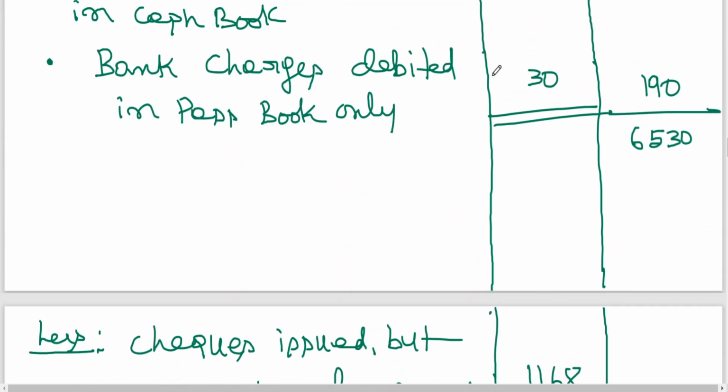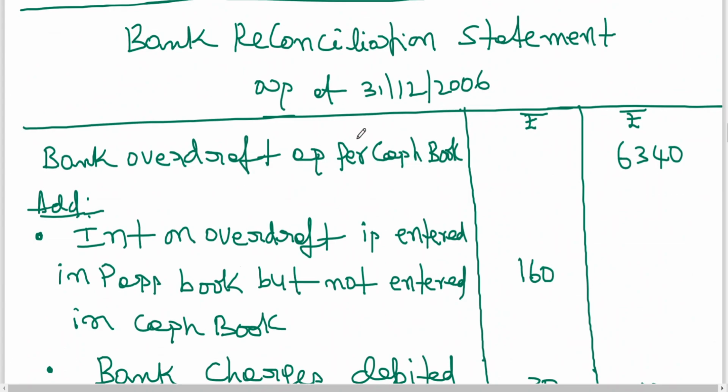So we have started the problem with which one? Bank overdraft as per cash book.